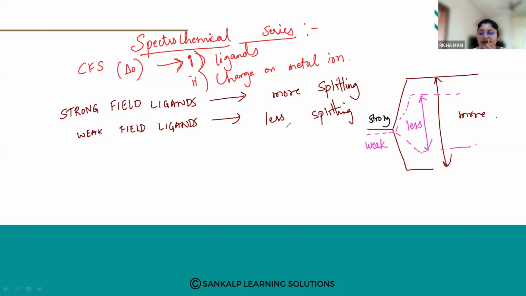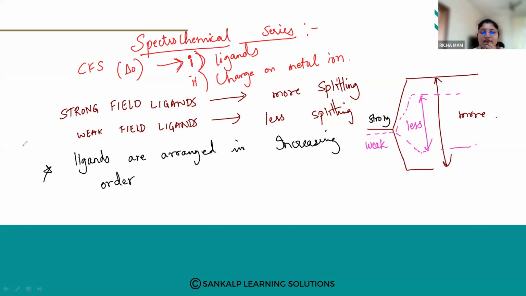So based upon the experimental observation, what is done of the d orbitals, okay, the ligands are arranged in increasing order. Now you need to know which are the ligands which will cause strong field and which will cause weak field.